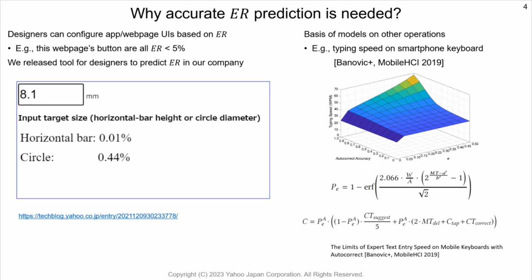Another example is the typing speed prediction model. According to Banovic and colleagues' model, the typing speed gradually changes depending on the error rate when users tap a key. Therefore, to predict the operation speed accurately, a good model on error rate is needed.